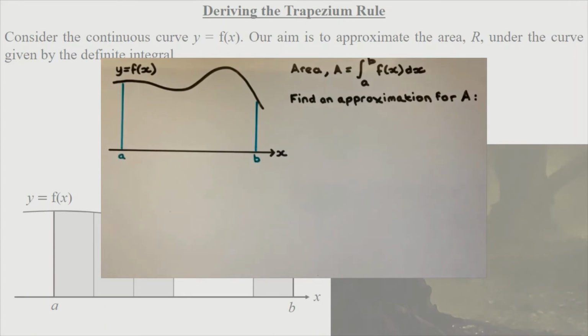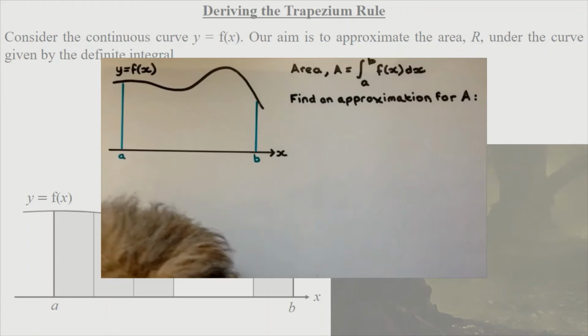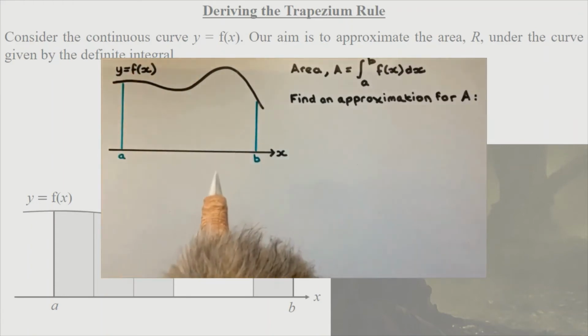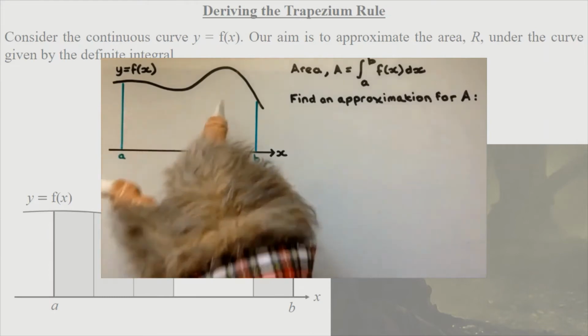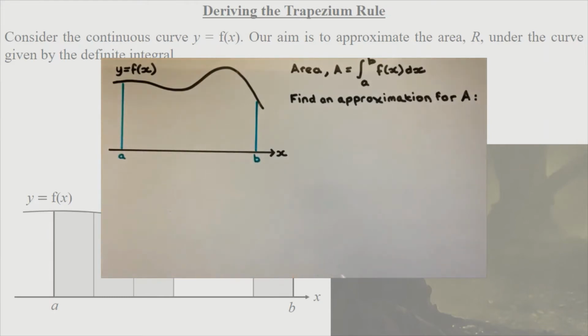The first thing we're going to do is say, okay, we've tried one trapezium, we've tried 2 trapezia, what about n trapezia? So we're going to divide the area under the curve into n trapezia, and then let's see what happens after that.